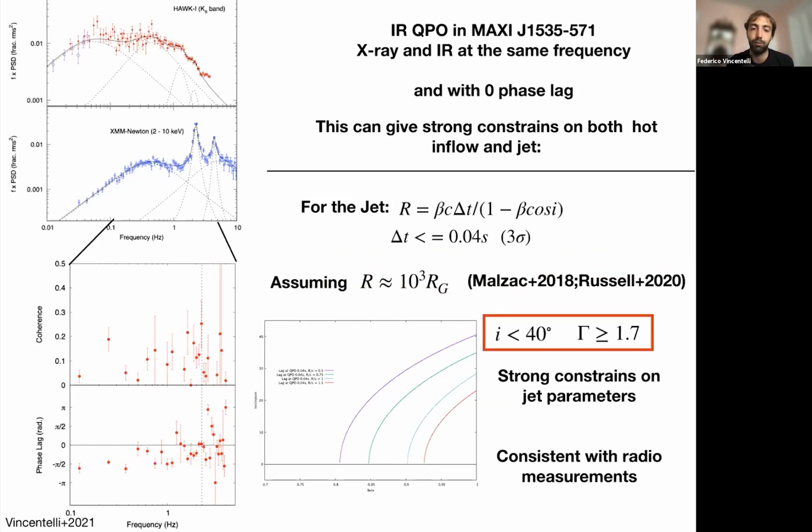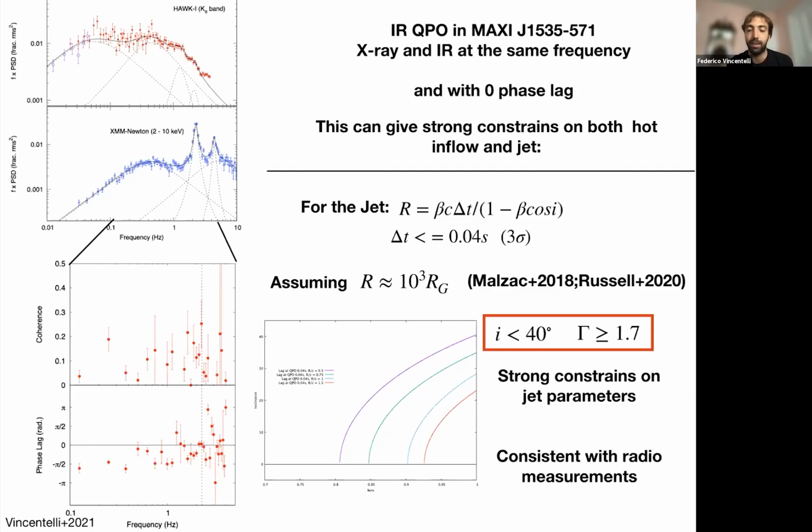On the other hand, if you apply a simple causal relation for the jet, so you just use the upper limit of the time lag between X-rays and infrared, you can constrain the jet model, and you obtain, on the other hand, an inclination lower than 40 degrees and a gamma higher than 1.7.